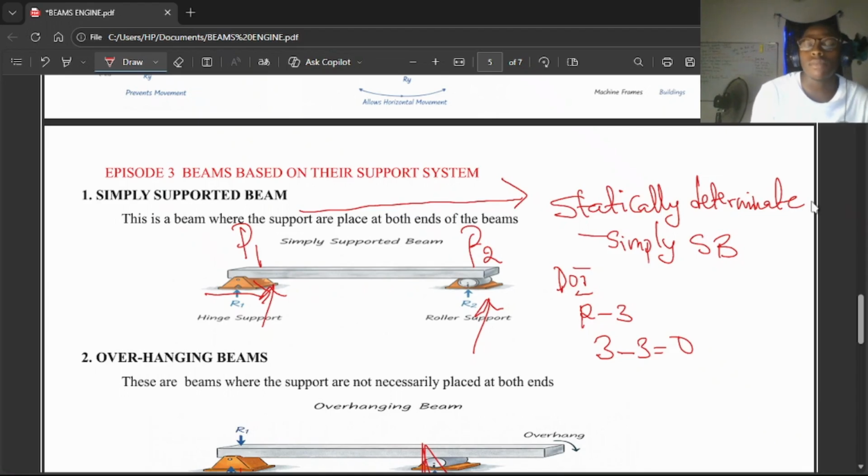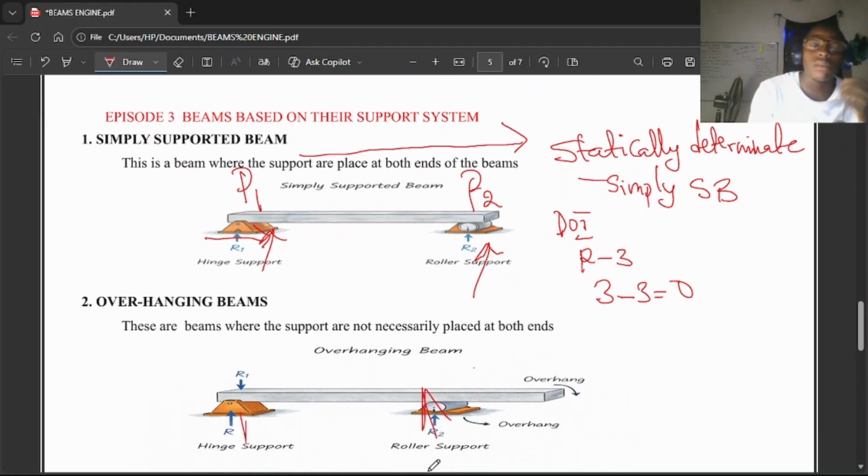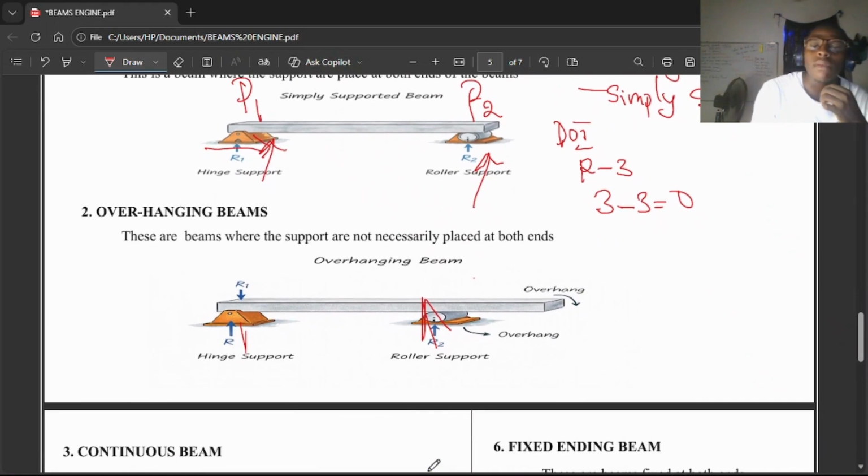Statically determinate beam. Now let's go over to the next one. The next one is what we call our overhanging beam. For your overhanging beam, you are basically seeing one support here and another support here.